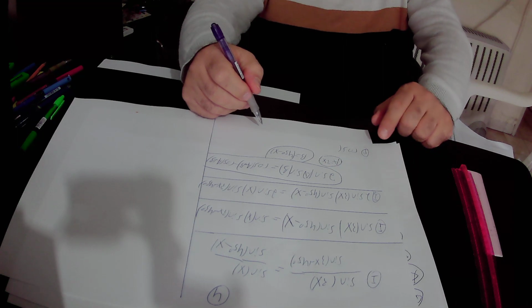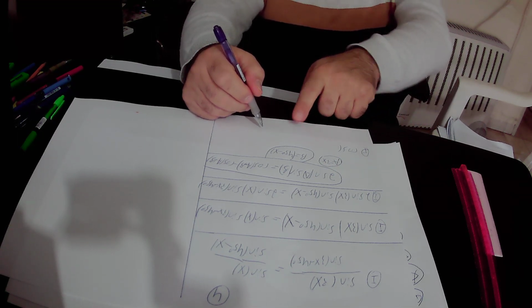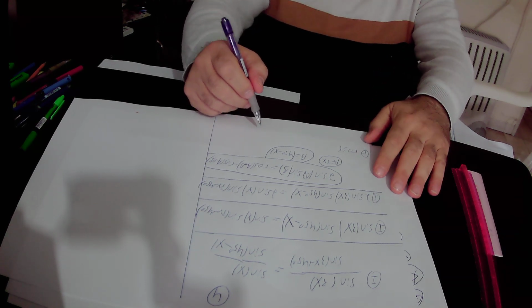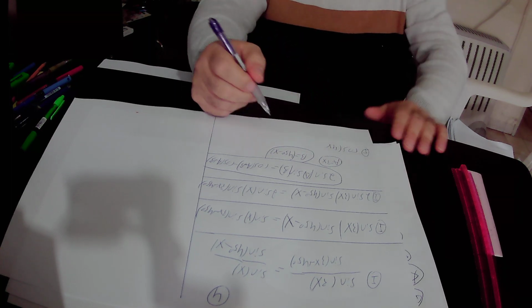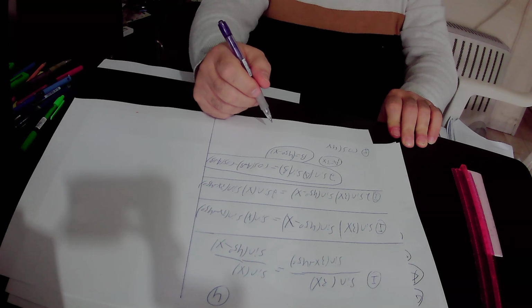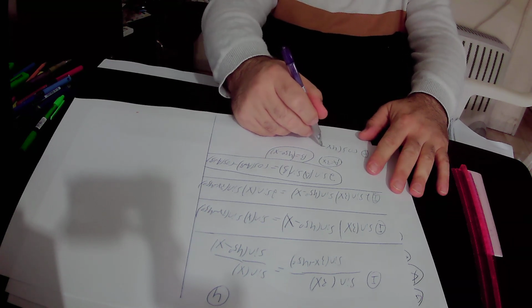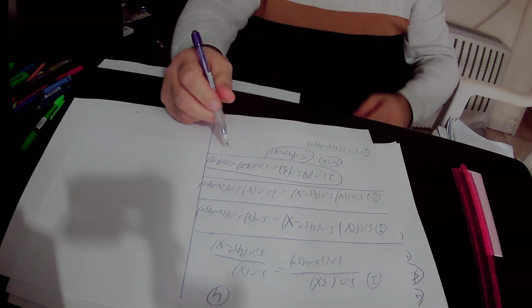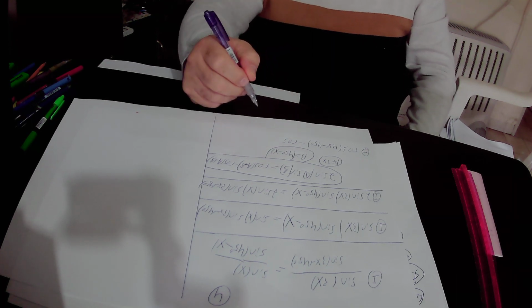minus cosine of (A plus B). Cosine of (A minus B): A is 3x, B is 45 degrees minus x, so 3x minus x is 4x, and 0 minus 45 degrees is minus 45 degrees, and we also have to subtract cosine of (A plus B).